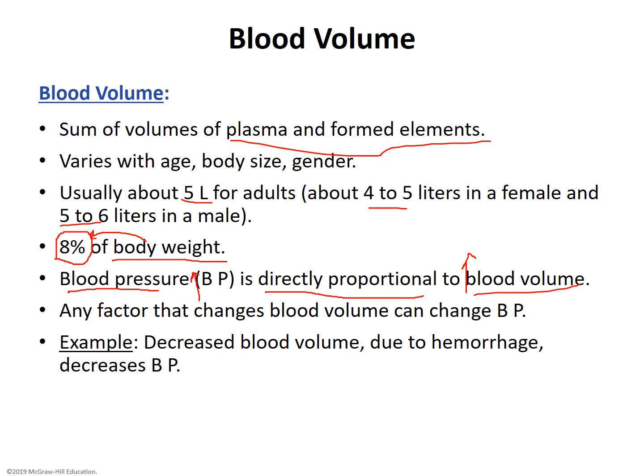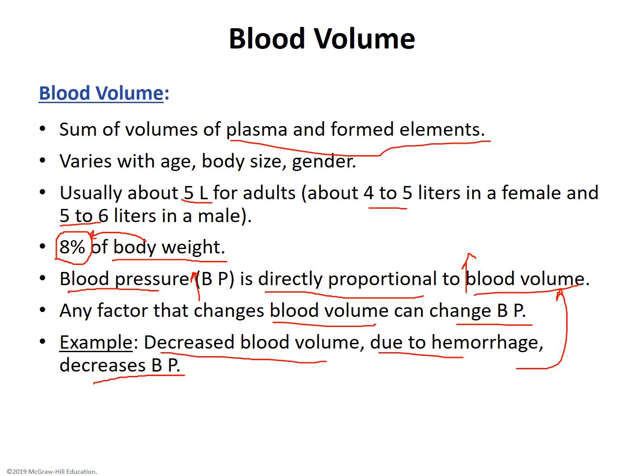Any factor that changes blood volume changes BP, or can. Your body might react to monitor it and try to keep it level, but it will change it. It's homeostasis that will try to keep it level. So decreased blood volume due to a hemorrhage decreases blood pressure. This is exactly what we're talking about with blood volume being directly proportional to blood pressure.